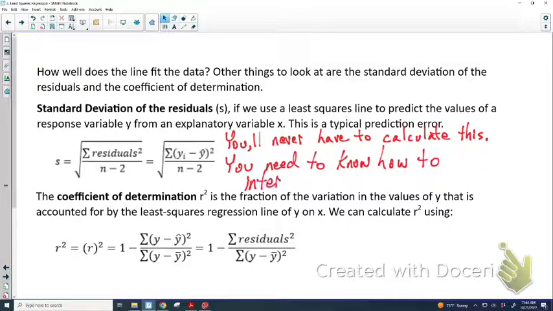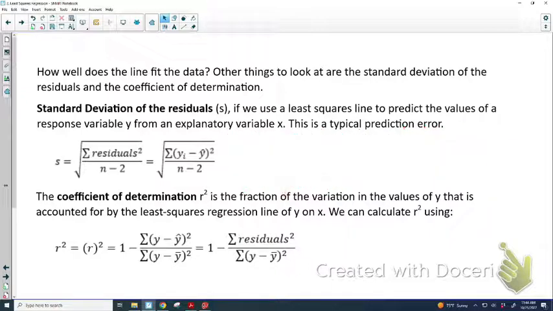So we'll practice that. That's on the next problem. I actually don't think we're going to get to it in this video. So in the next video, I will give it a shot, or I'll explain it. But it's on average how far the values are from the predicted value, from the predicted y. All right. But coefficient of determination, I will do that right here.